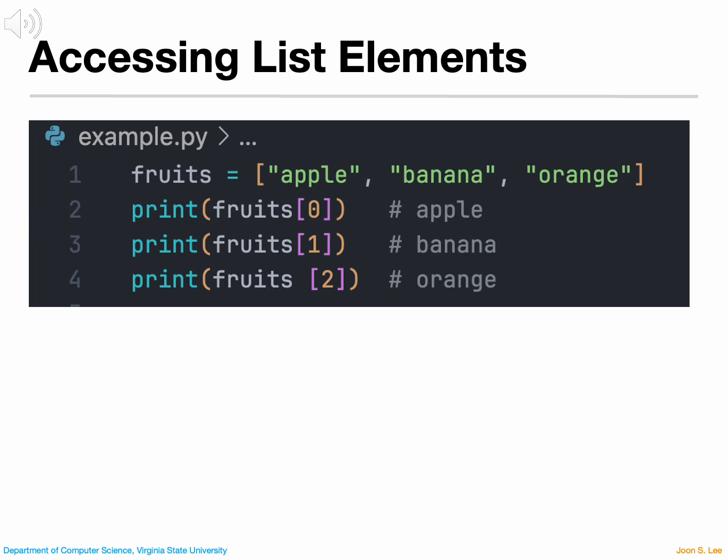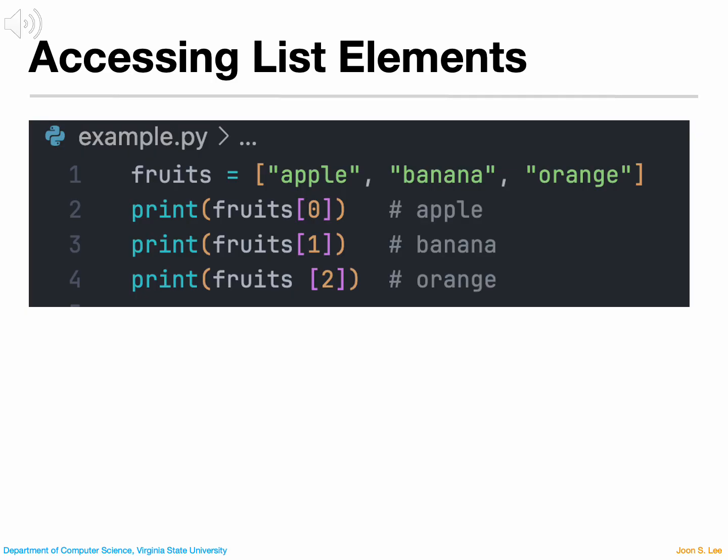We can access any element we want by putting its index number inside square brackets. So if we write print(fruits[0]), Python will print apple because that's the first element in the list. Next, print(fruits[1]) prints banana, and print(fruits[2]) prints orange. It's really that simple. The index tells Python which element we want to retrieve.